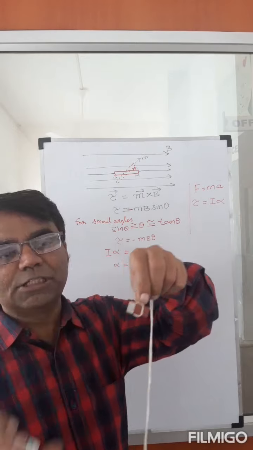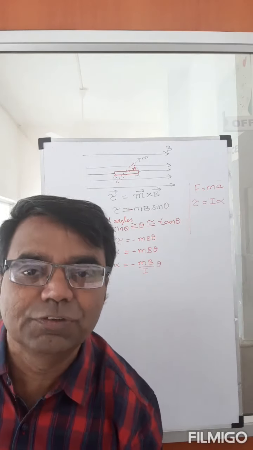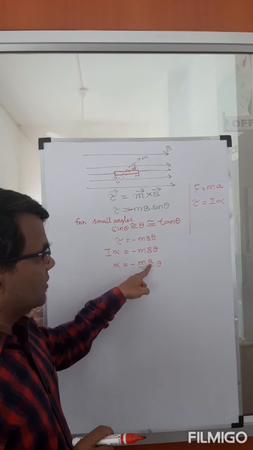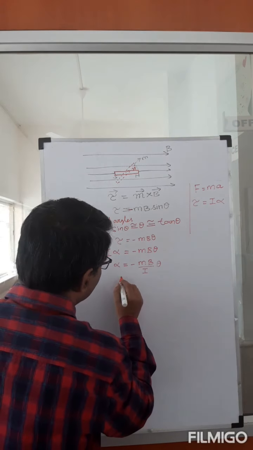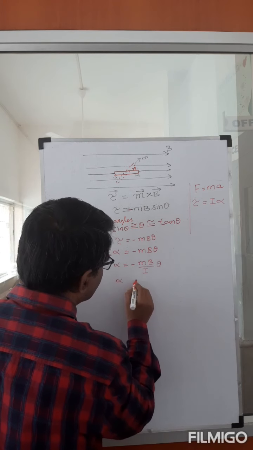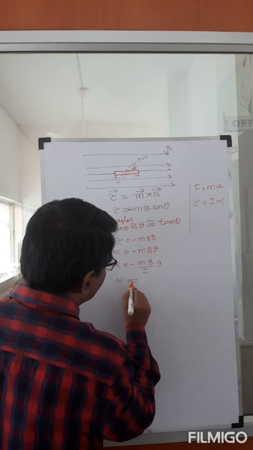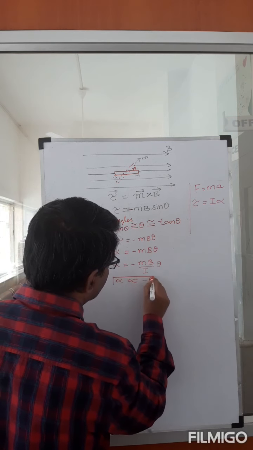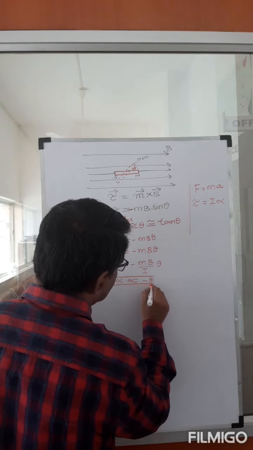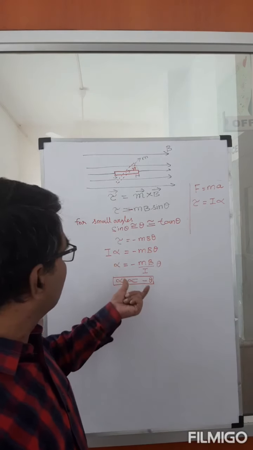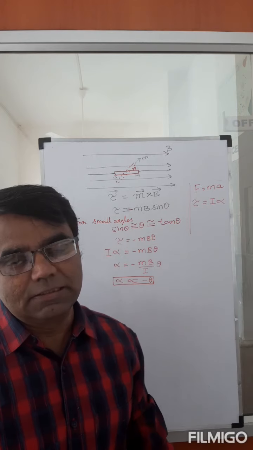We all know that. So this is a constant, this is a constant, this is a constant. So I can say that alpha is directly proportional to negative theta. This angular acceleration is directly proportional to negative theta. This is true only for small angles.